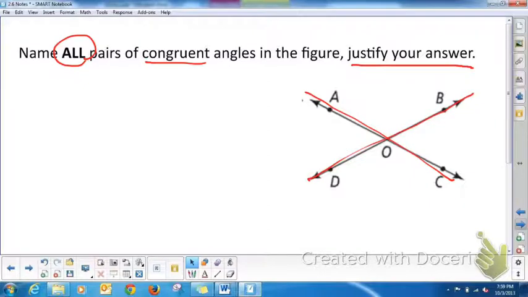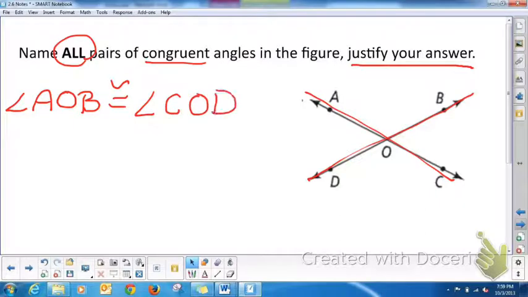So these are vertical angles. Angle AOB would be congruent to angle COD because they're vertical angles. So we would use the vertical angle theorem.